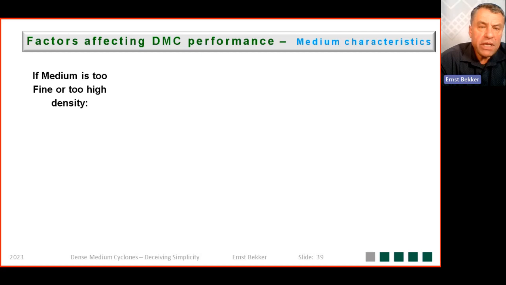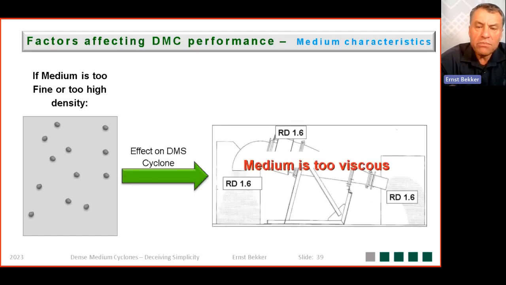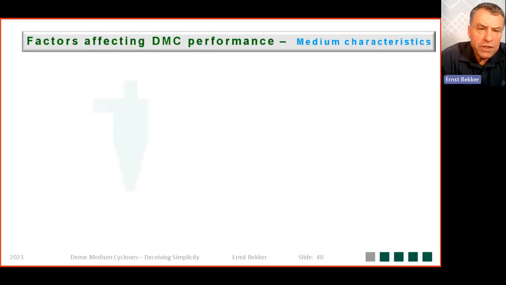But you can also have medium that is too fine, or you're operating at too high an operating density for that medium, and then the medium does not really want to separate, which means the medium is too viscous. You then have too close a density difference between the overflow and the underflow of the dense medium cyclone, which can also impact the separation efficiency.